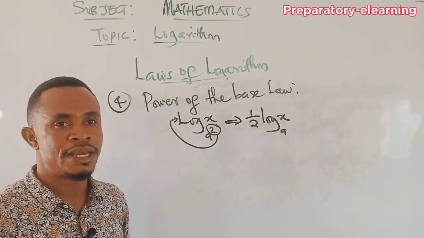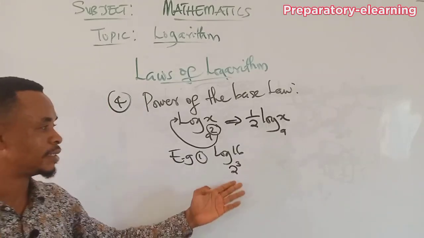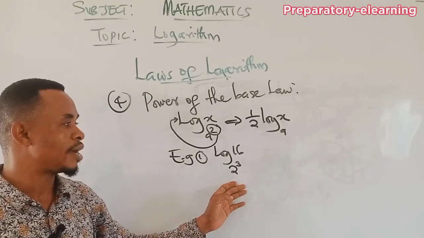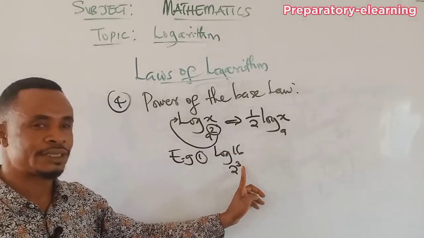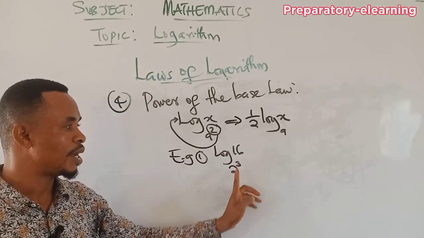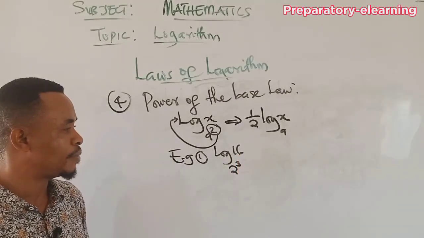Now let us apply a simple example to this law. This is a simple example that we can use to apply this law. You can see that 3 now is the power of base 2, and we have the number here as 16. Now, how do we simplify this?